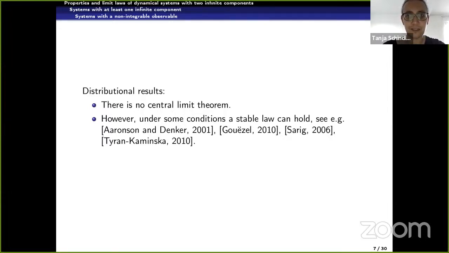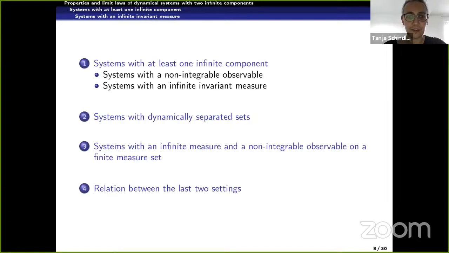And well, these references I give here are certainly not exhaustive. As I said, I didn't have too much time to make it too expository. So, but depending on the system and on the observable, one might get under these conditions a stable law.